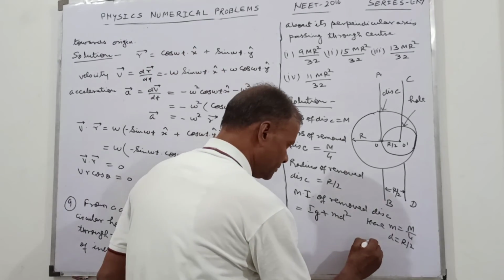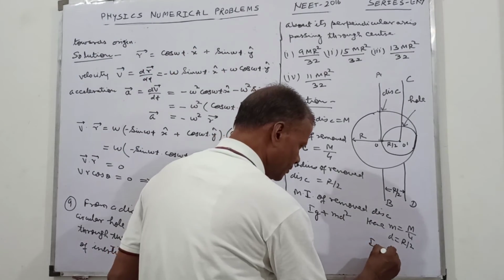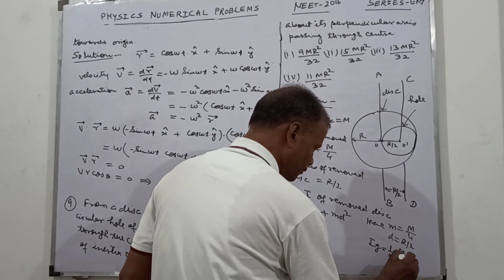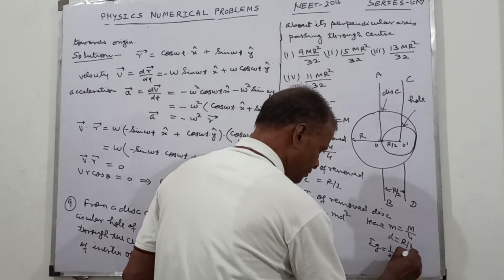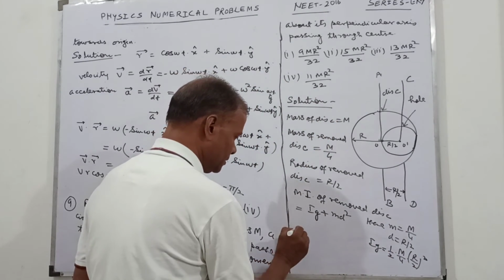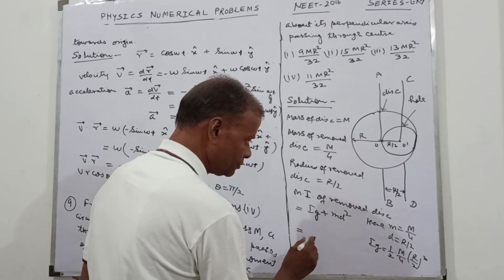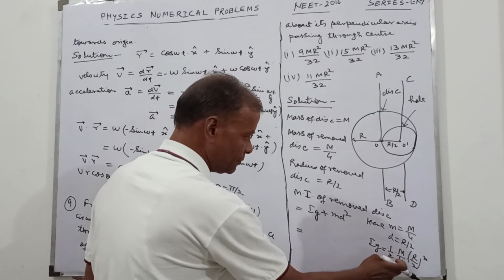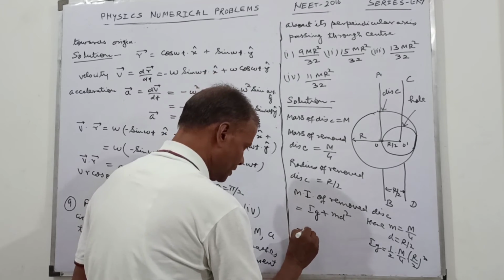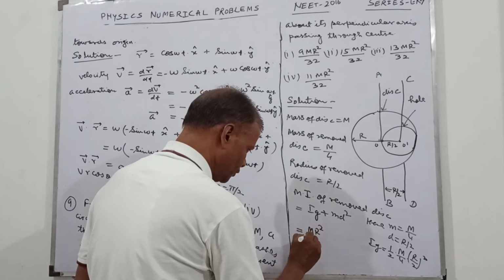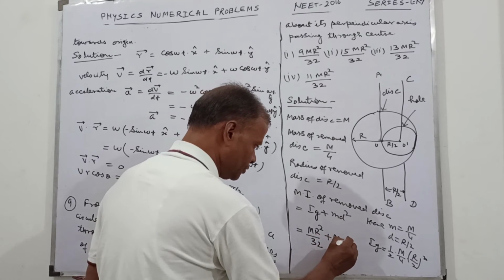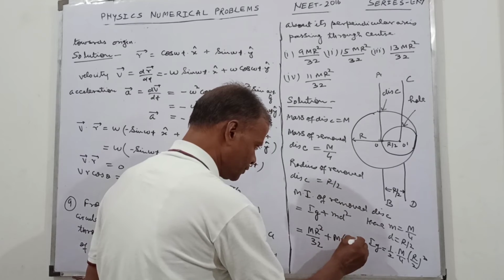So this Ig will come out to be 1 by 2 m, this is now m by 4, times r by 2 whole square. Now we put all these values here: 4 and 4 is 16, and this is 32. So this is mr square upon 32 plus m into d, where d is r by 2, whole square.